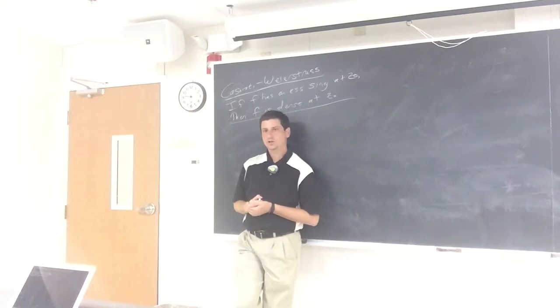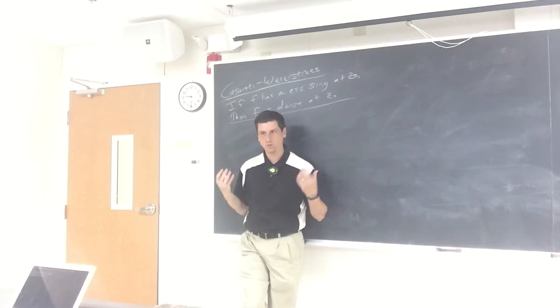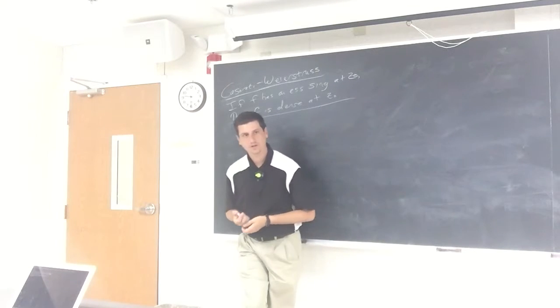This just tells you that wild things happen near an essential singularity. And you should think of e to the 1 over z as your go-to example of what's happening at an essential singularity.